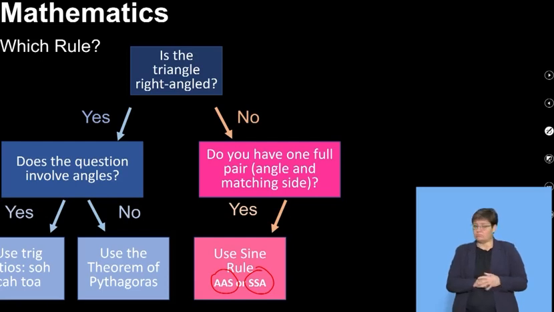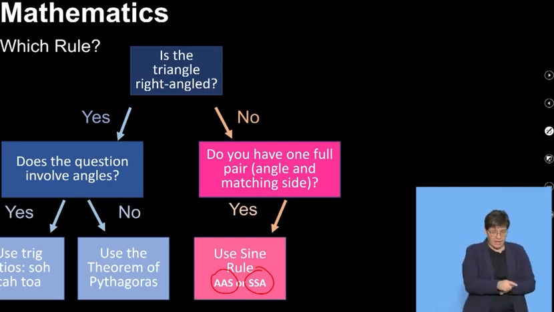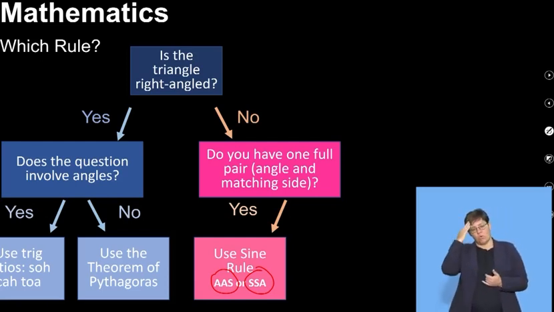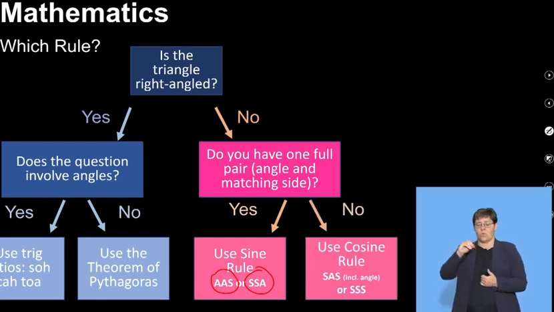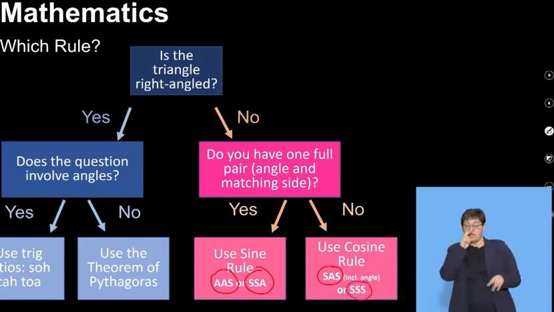Okay, but if we don't have one full pair of angles and sides, then we know we're probably going to be using the cosine rule. And the cosine rule, if you want another way to remember when to use it, we use it when we have side, angle, side, or when we have three sides and we want to find an angle. Remember, here we're kind of looking for a V pattern.